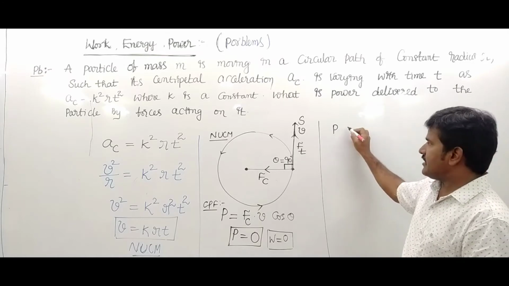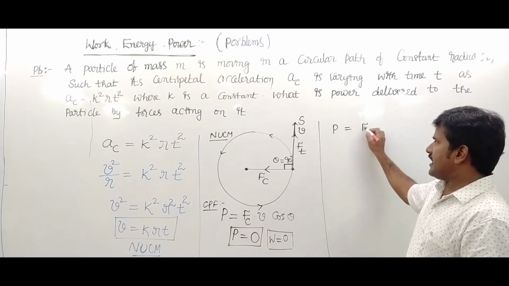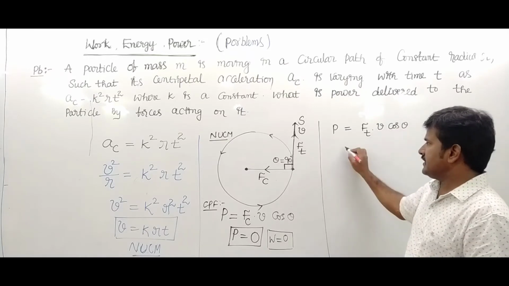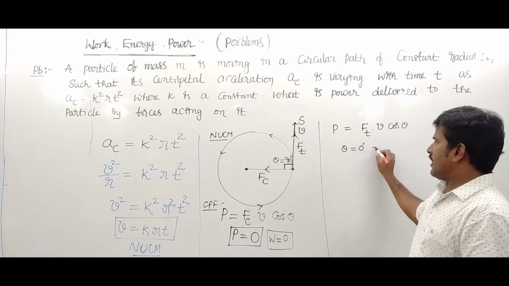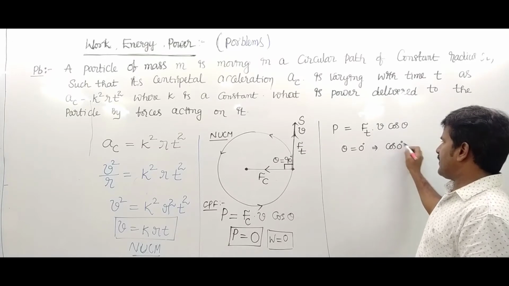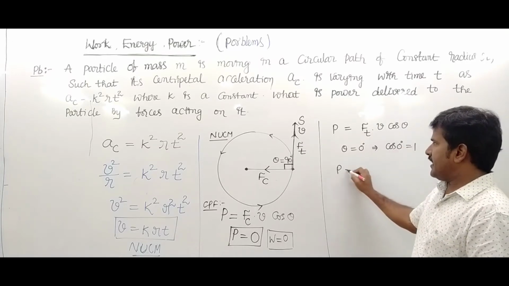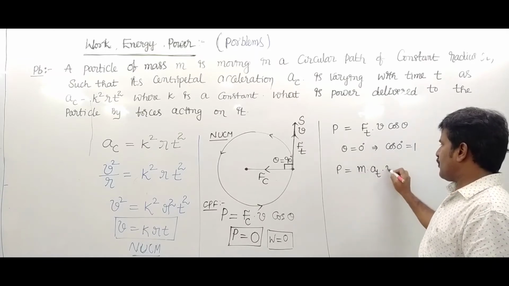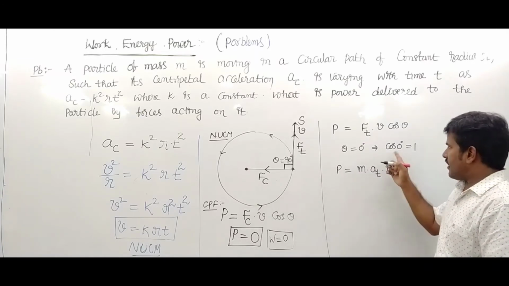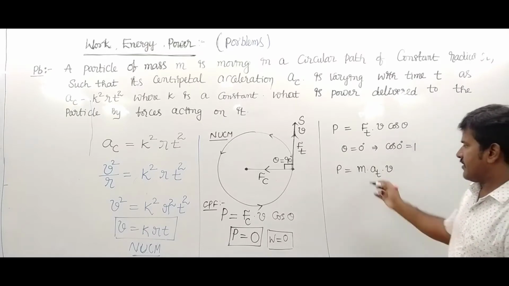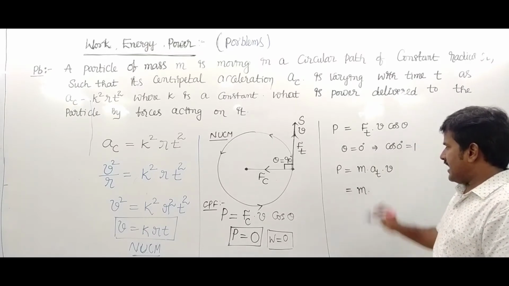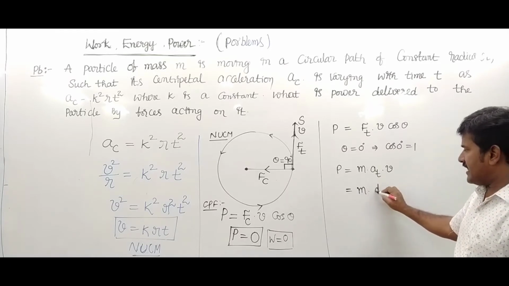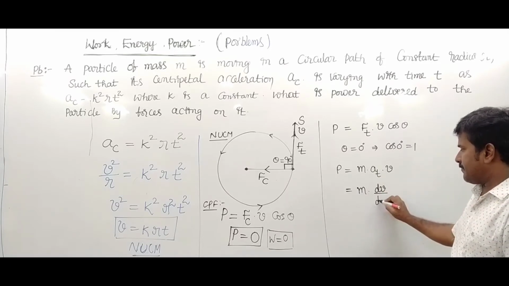But power due to tangential force is written as Ft into v into cos theta. Theta becomes 0, cos 0 is 1. Then P equals m into a_t into v, where tangential acceleration is dv upon dt.